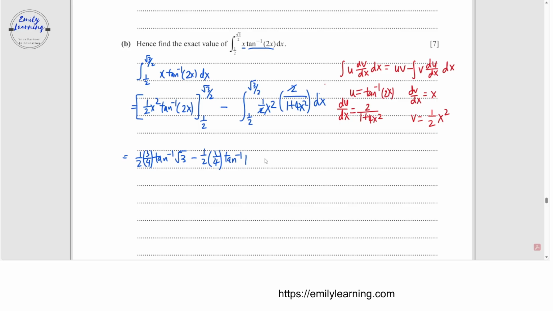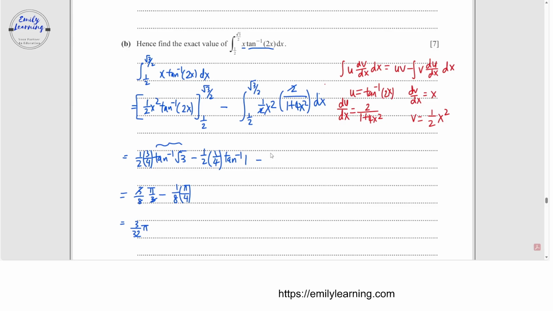So I know that tangent inverse root 3 is pi over 3, right? So I have 3 over 8 times pi over 3 minus 1 over 8. Tangent inverse 1 is pi over 4. Then it is basically 1 over 8 minus 1 over 32 pi, which is 3 over 32 pi.